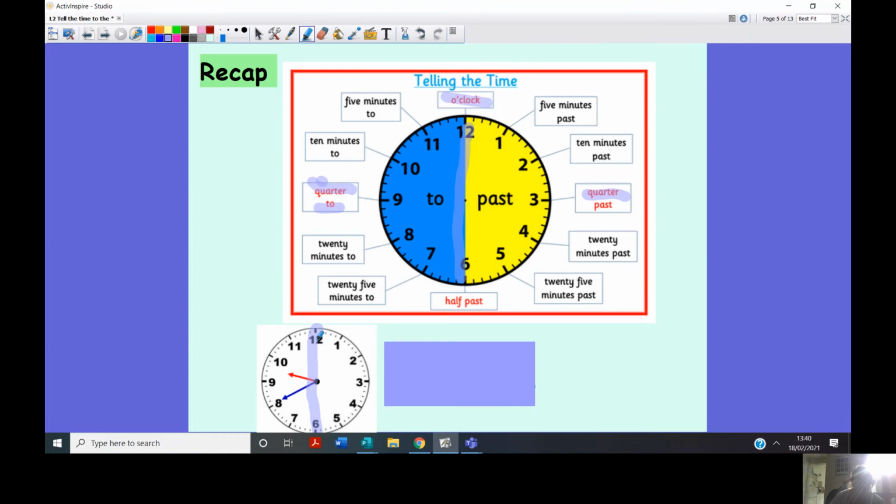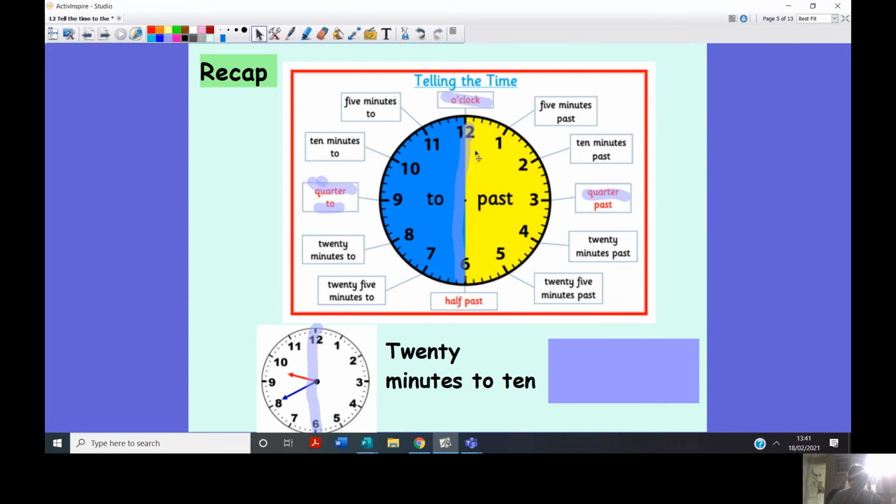So we're going to count back from our 12, count back in 5s. 5, 10, 15, 20. It is 20 minutes to 10. That means it's been 40 minutes since it was the last o'clock. So remember that, to and past. Imagine your clock is divided in half like a pizza or a cake.